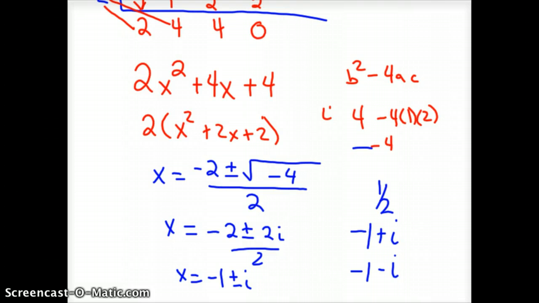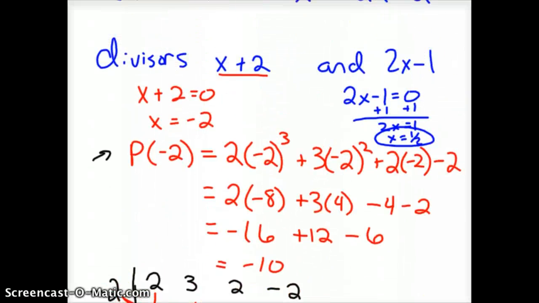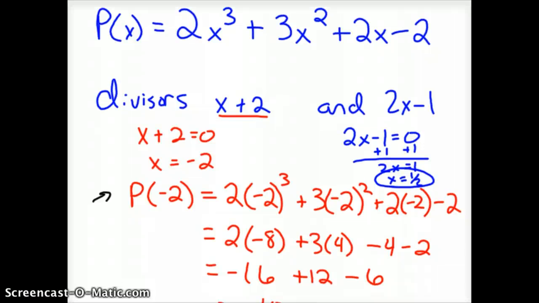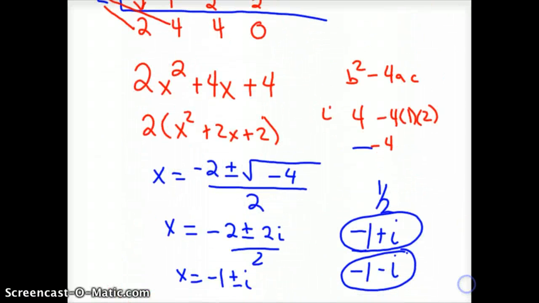And so what's kind of cool, I know it's hard to imagine this because it's an imaginary number, but if you take negative 1 plus i and negative 1 minus i and plug that into p of x, you will also get 0 for those. And so my videotape isn't long enough to do that. It's going to take quite a bit of algebra, but you would get 0 when you plug those 2 roots in, showing that they come out even.